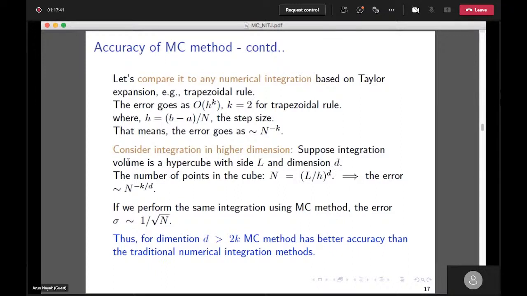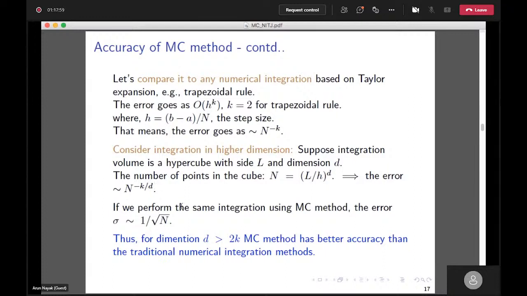The error in this case will go like n to the power minus k by d.